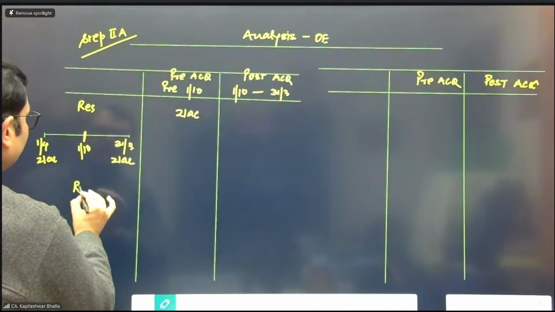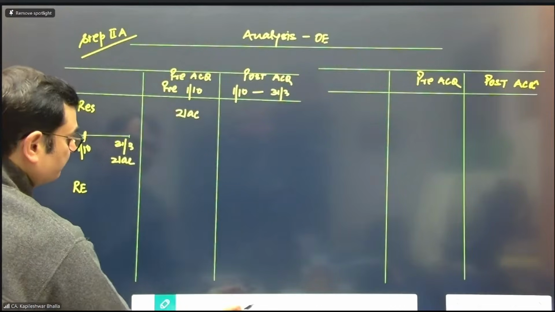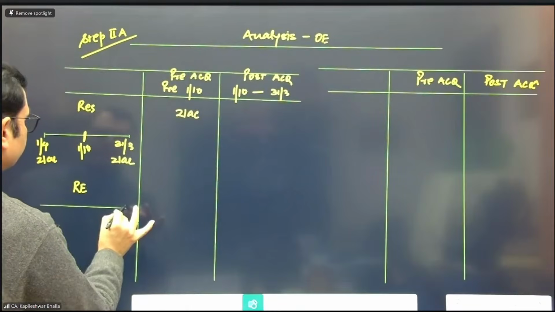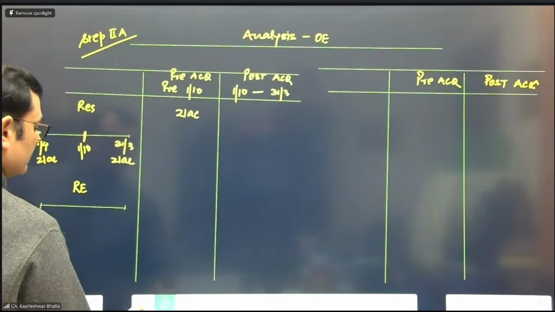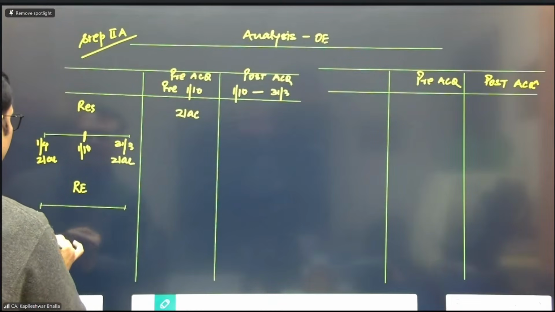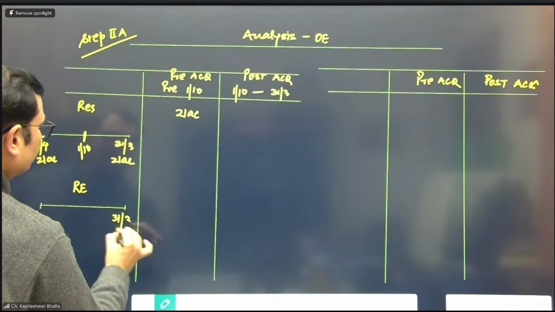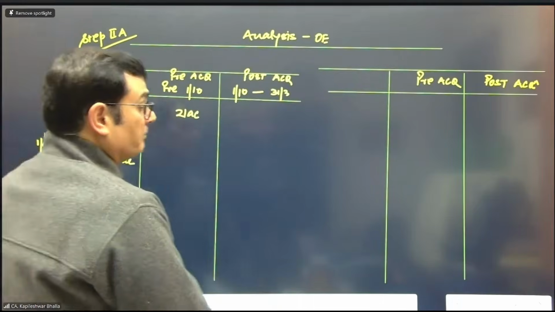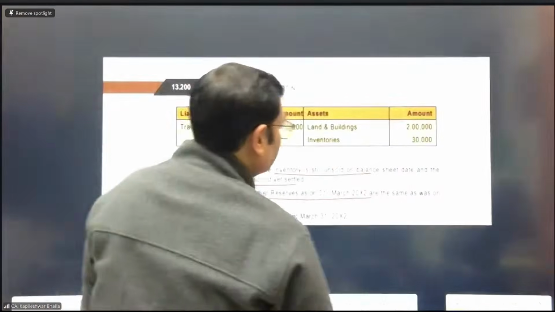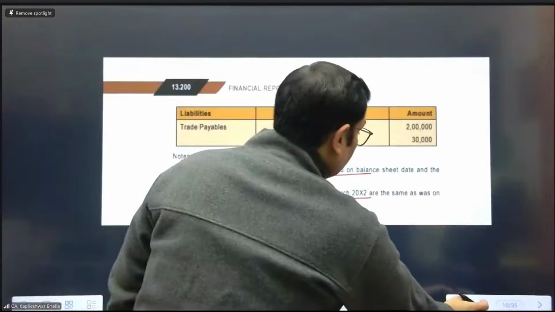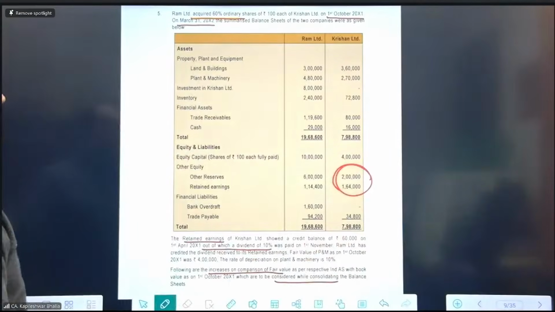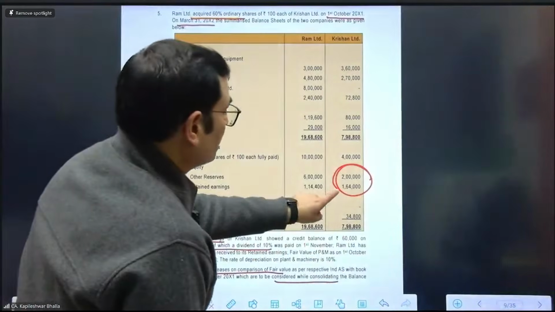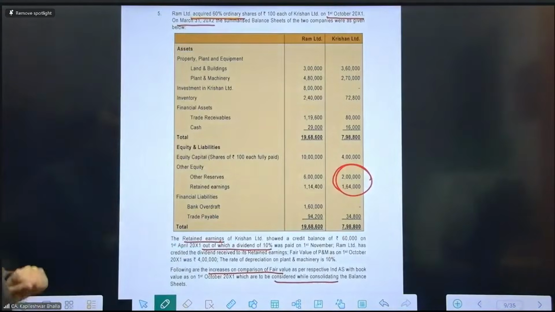Similarly, we look at the retained earnings. Again, we make a timeline. In this case, the balance on 1st April and the balance on 31st March. Let's get back to the balance sheet. As far as the retained earnings are concerned, it is appearing at 164 in the balance sheet.